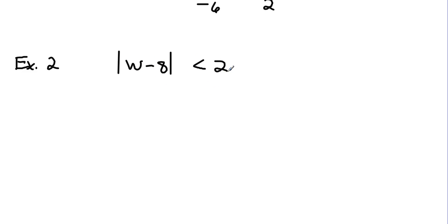Okay, so let's go with absolute value of w minus 8, and that's less than 2. Okay, so when you do this one, because it's less than, that means it's an and statement.